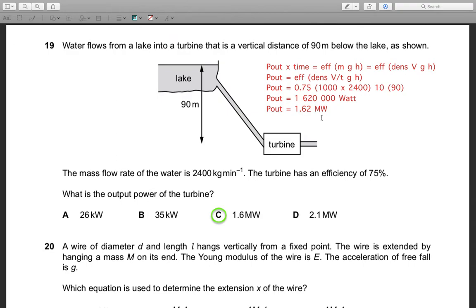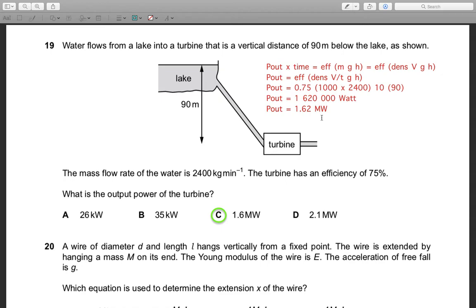Number 19. Water flows from the lake into a turbine that is vertically 90 meters below the lake surface. The mass flow rate is 2,400 kilograms per minute. The turbine has efficiency 75 percent.